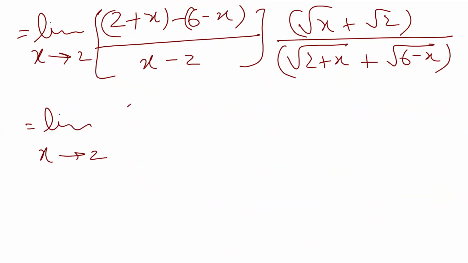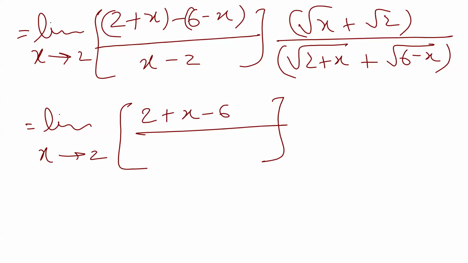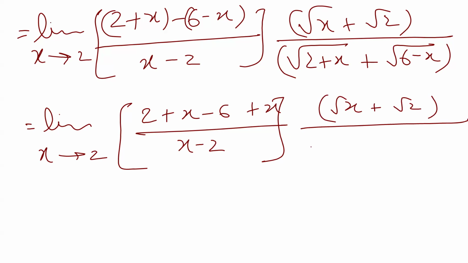Open the brackets in the numerator box bracket. 2 plus x minus 6 plus x upon x minus 2, root of x plus root of 2, root of 2 plus x, root of 6 minus x.